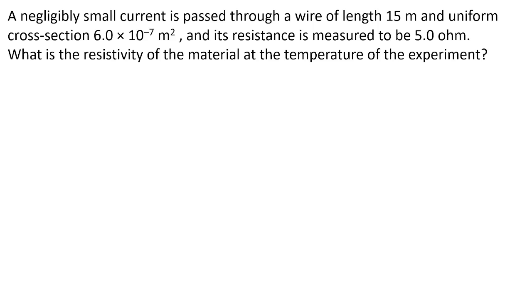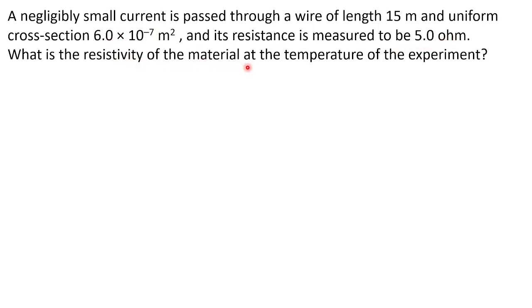Look at this question. A wire has the length 15 meter. Area of cross section 6 into 10 raised to minus 7 meter square. Resistance 5 ohm.